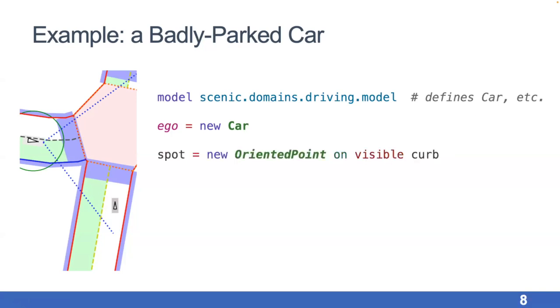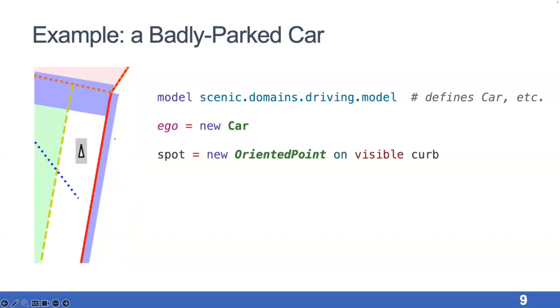Okay, but for this second car, we want to say something more specific, namely that it's near the curb and has this different angle. The way we're going to do that is in a few steps. The first thing we're going to do is pick a spot on the curb to place this car near. So zooming in a bit, this red line here is showing the curb, which is a region in SCENIC. SCENIC has a data type called regions that represents a set of points in space.